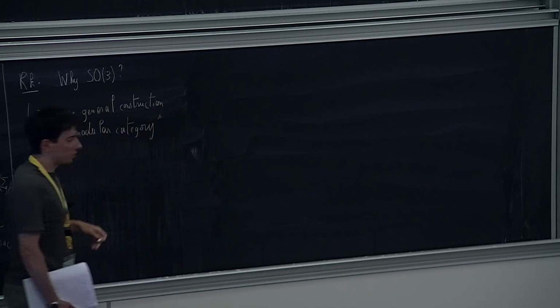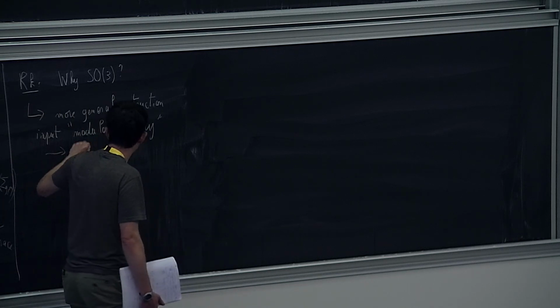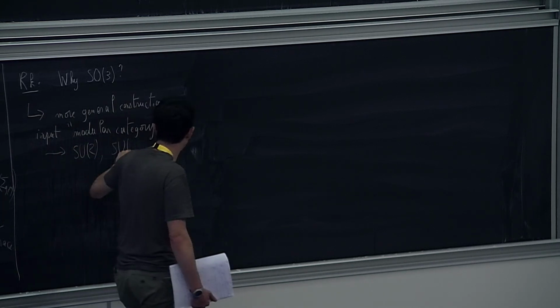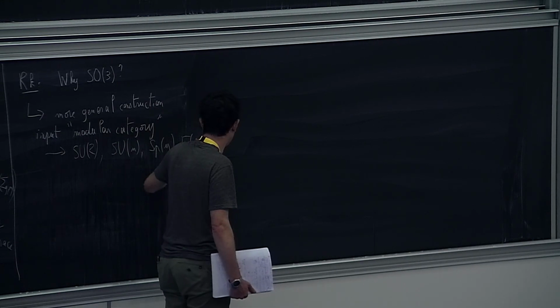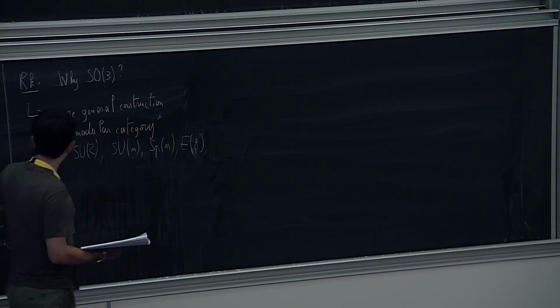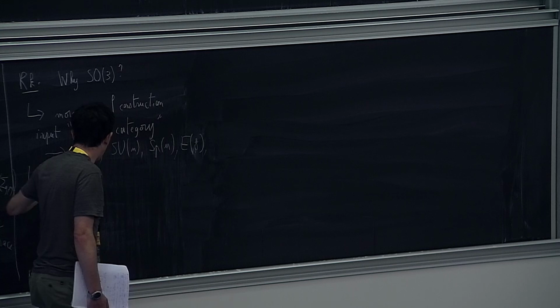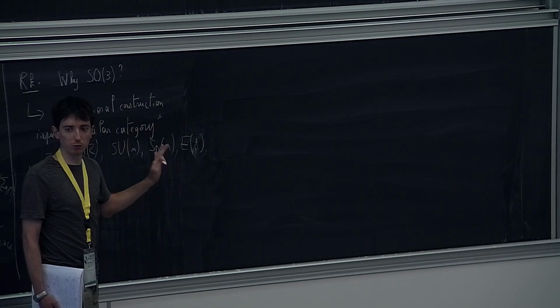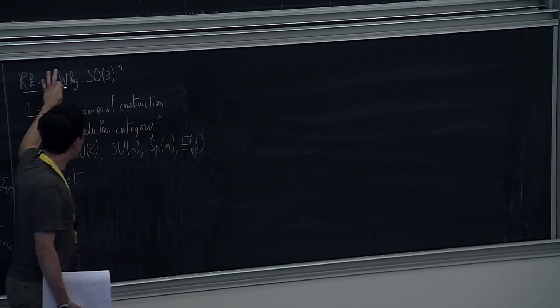From this you can define various families of quantum representations. We can talk about SU2 representations, SUN, you can talk about SPN maybe, or E8, whatever you want. You have kind of one for each compact Lie group. But here we won't talk about those because most properties are shared between each family of representations. They all have similar properties, so why not just look at SO3?